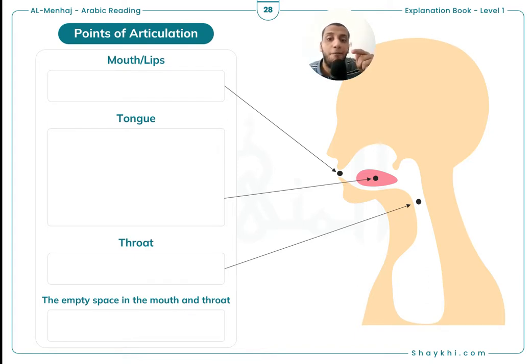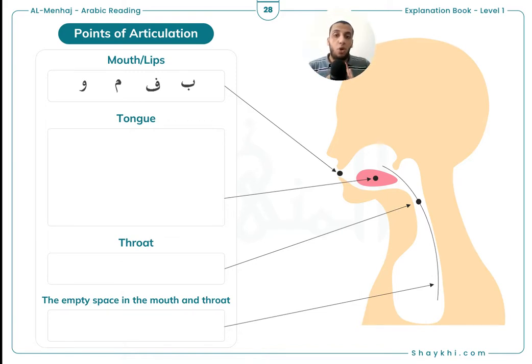From the lips we pronounce the 4 letters, which are ba, fa, mim, and waw. So our point today is that we pronounce these 4 letters from the same point of articulation, which is the lips.